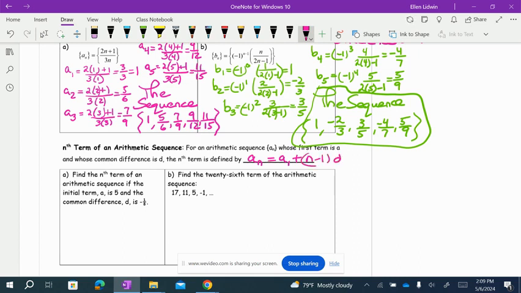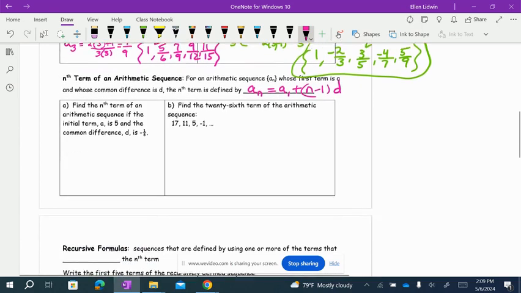And if you had me for Algebra 2, you heard me sing it a little with that inflection, because I would want to know how to determine that rule each time. Well, the variables that are used in this rule are a sub 1, which is the first term, n, which is the number of terms, and d, which is the common difference. So let's see how this works.